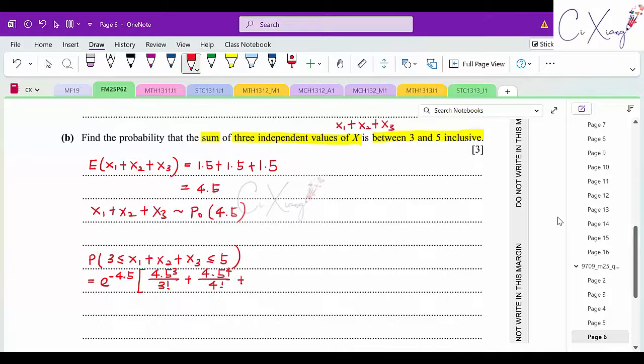The next one is the sum equals 5: e to the negative lambda, already factorized out, then lambda to the power 5 divided by 5 factorial. So this is basically how I apply the Poisson distribution formula here. After that, if you didn't make any careless mistake pressing the calculator, by right you have 0.529 as your final answer, which is 3 significant figures.